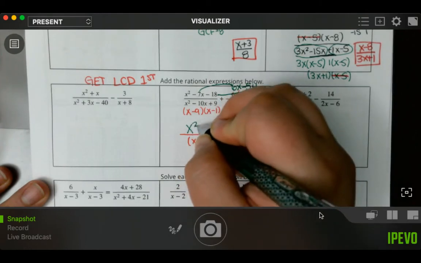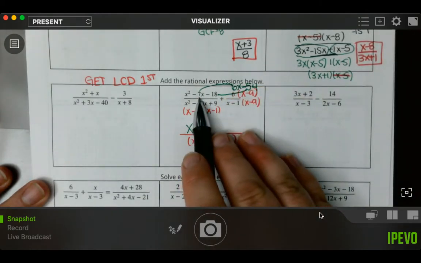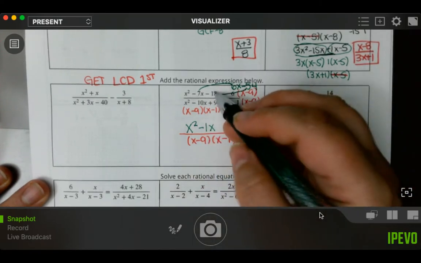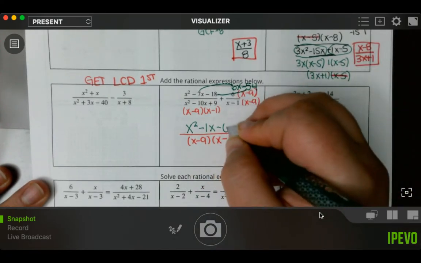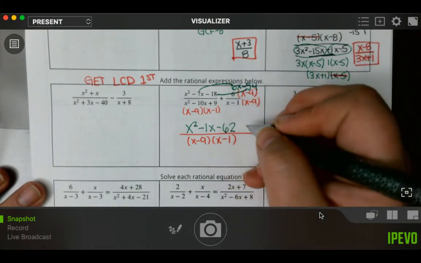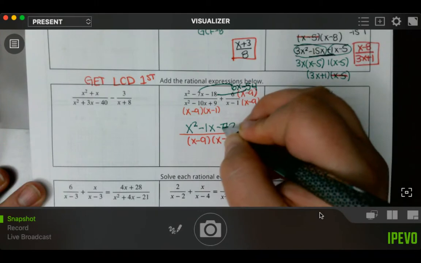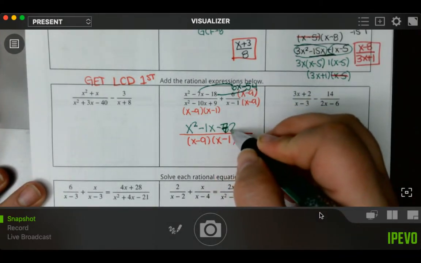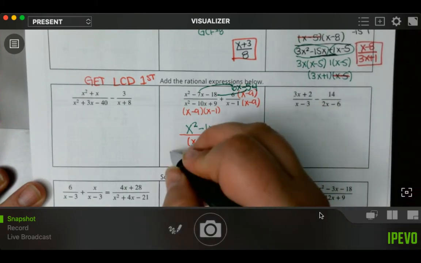The x squared doesn't have any like terms. Negative 7 plus 6 is negative 1x. And negative 18 minus 54 is negative 72. I need two numbers that multiply to negative 72 and add to negative 1.